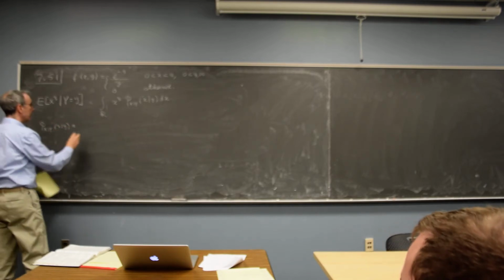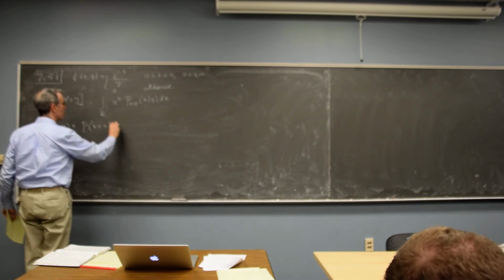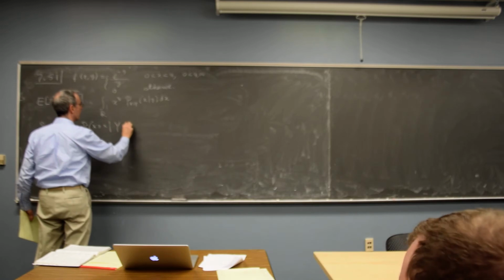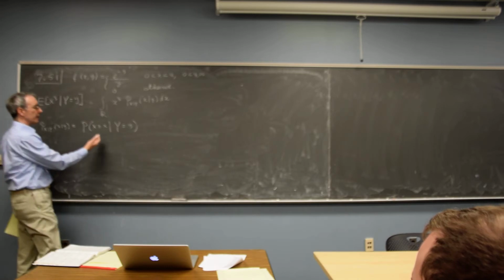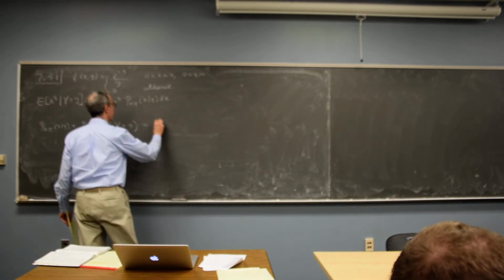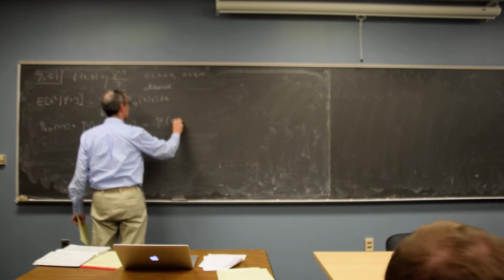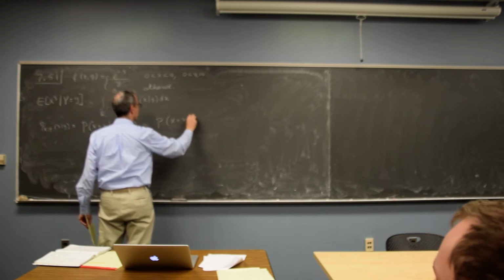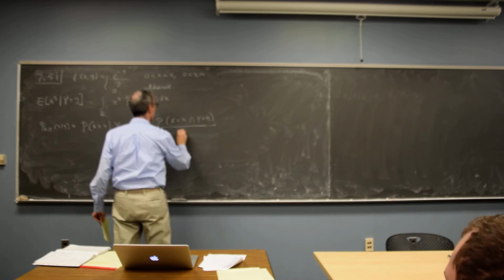This is defined as the probability of x equal x, conditioned on the fact that y is equal to y. These are two events. When we condition the two events, this is equal to P of x is equal to x and y is equal to y, divided by the probability that y is equal to y.